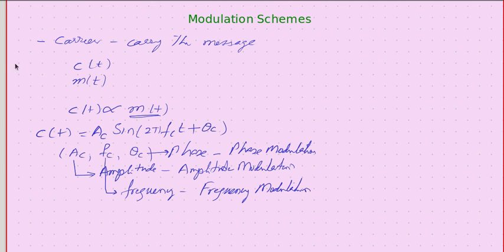And in general, the frequency and phase are found inside this one. If you remember our trigonometry, sine of something happens to be sine of some angle. So in general, the whole thing inside the bracket is called the angle, and these two together, phase modulation and frequency modulation, can be called in general as angle modulation.